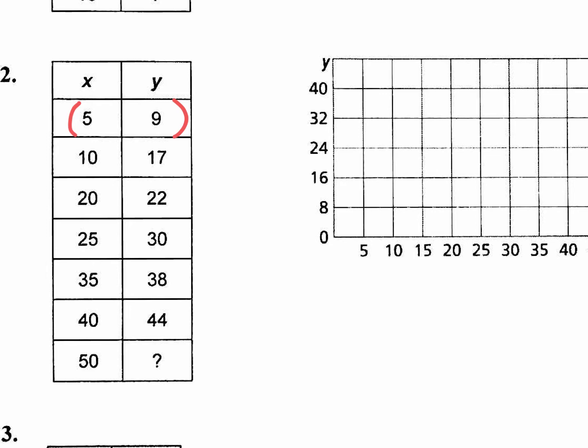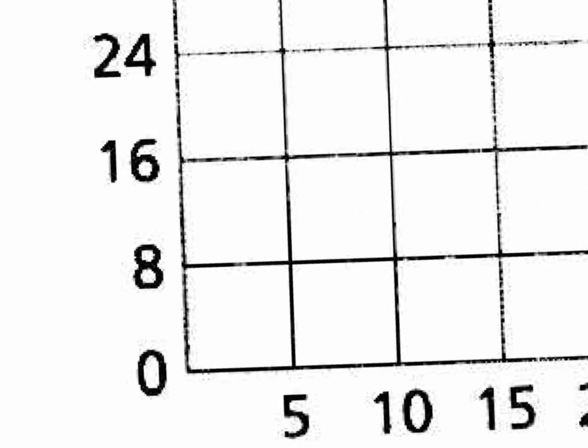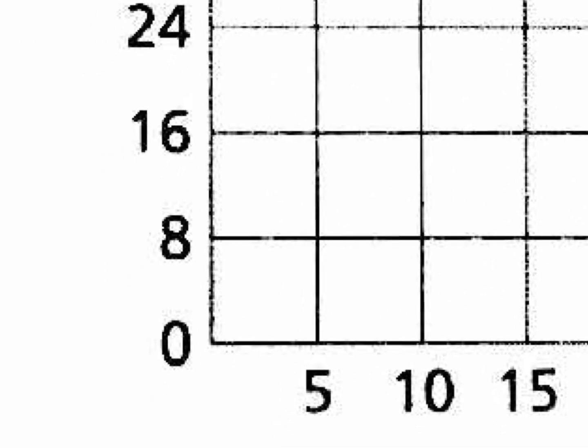So when we look at 5, 9, let me explain where 5, 9 would be. We are going by 8. From 8 to 16, to get an accurate idea, you'd have to chop it up into 8 pieces. If you took 8 and chopped it in half, you would be at the 4 mark. If you chopped that in half, you'd be at the 2 mark, and if you chopped that in half, you'd be at the 1 mark.